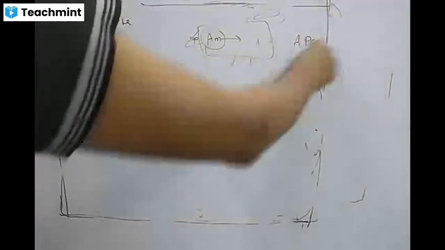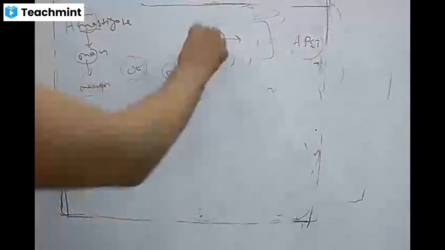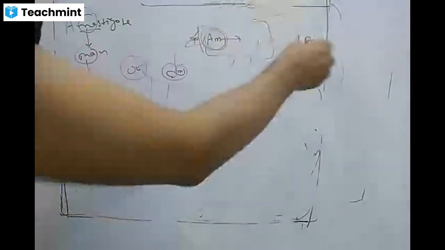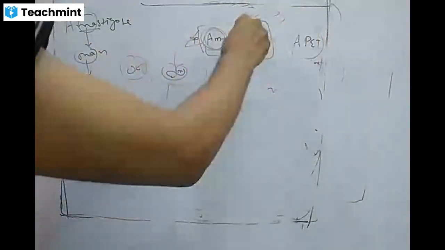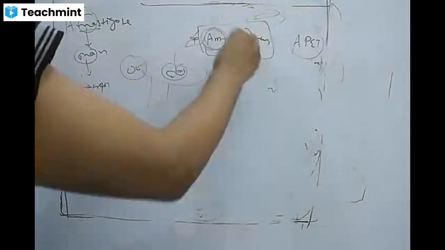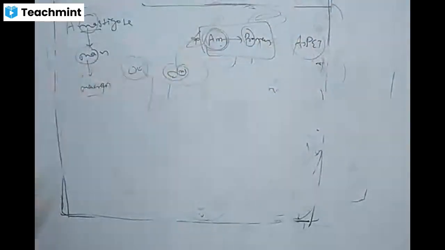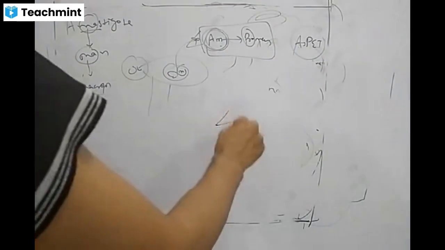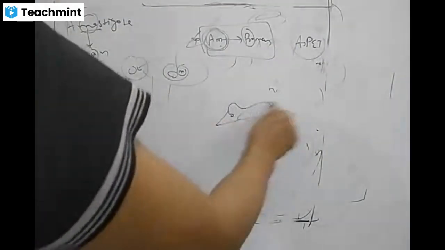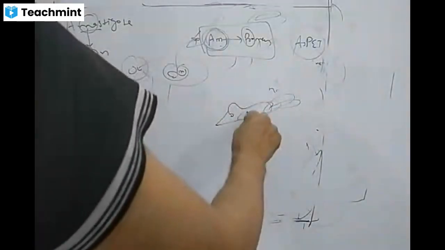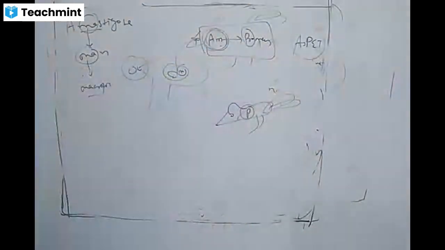So the amastigote form will convert A into P. What is P? Promastigote. A will transform into P inside the body of this phlebotomous. So now at this time your insect is carrying promastigote. All are converted into promastigote.